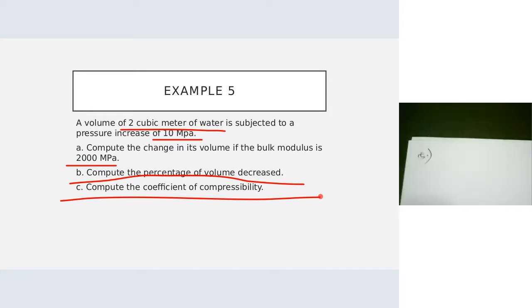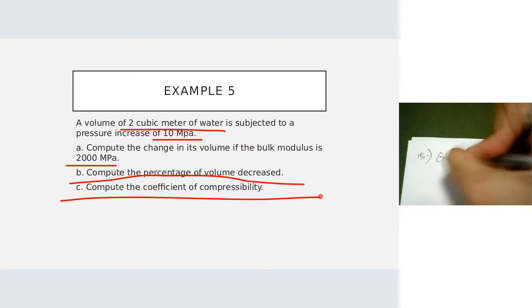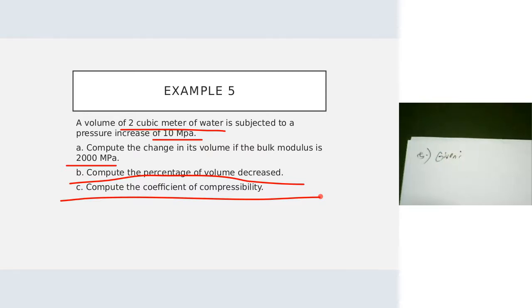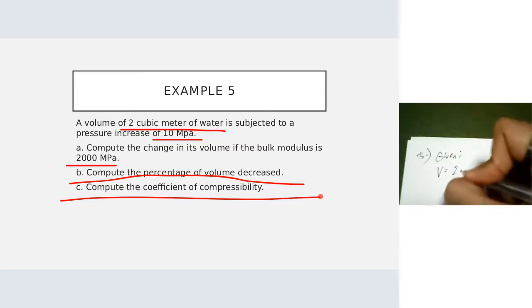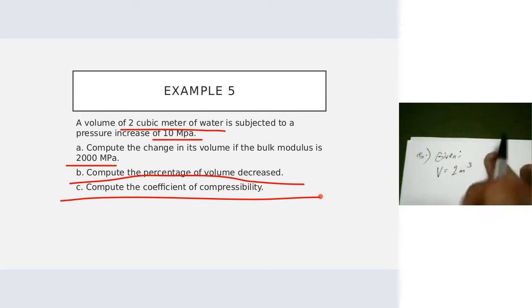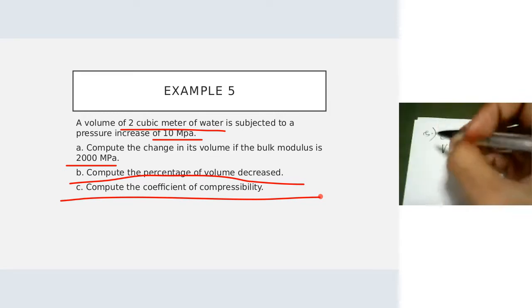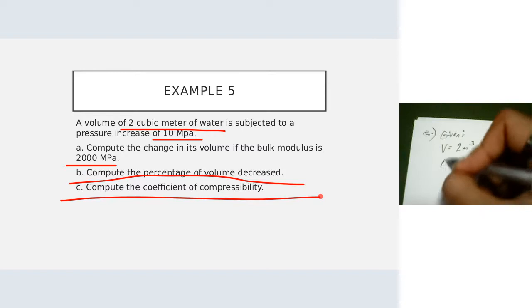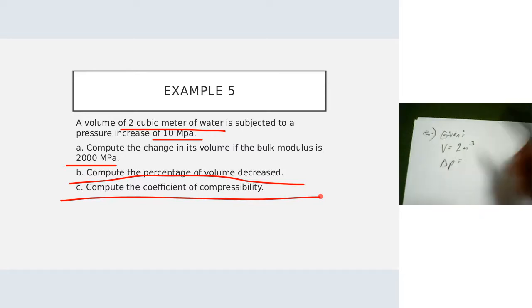So, we can write the given. We are given the volume, 2 cubic meter. Pressure increase or the delta P, so this is also yung dP, or differential in pressure, 10 megapascal.